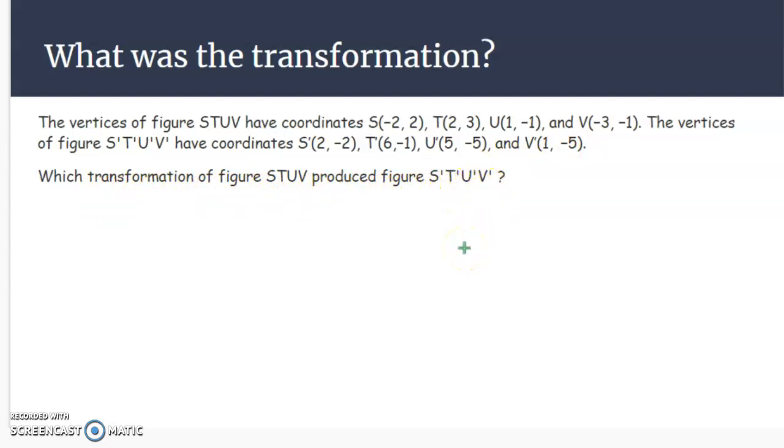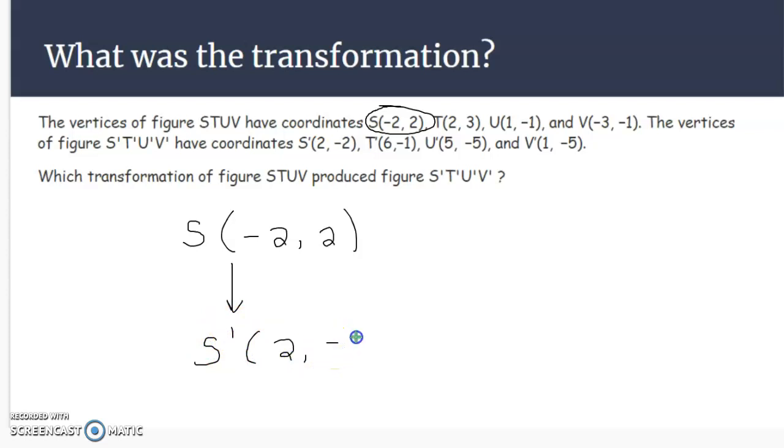Now, since the transformation affected all 4 points equally, all we need to do is pick out one of the pairs of points. So let's focus on S, -2, 2. And a transformation happened and it turned into what is now known as S prime, 2, -2.